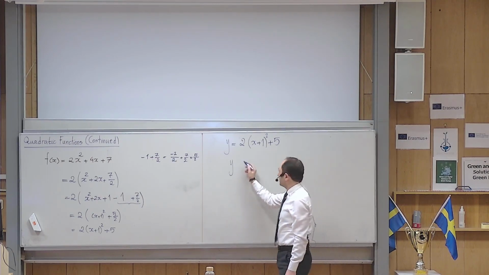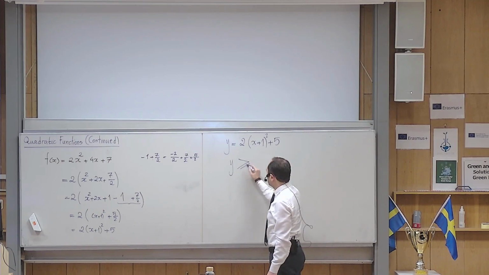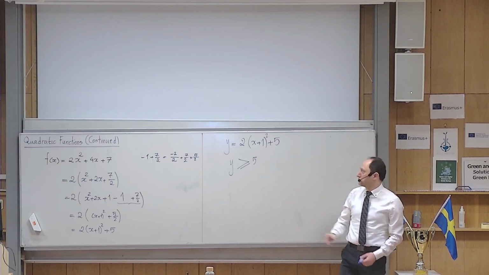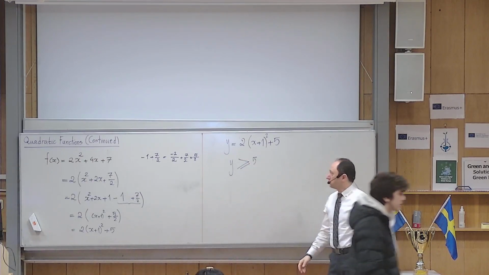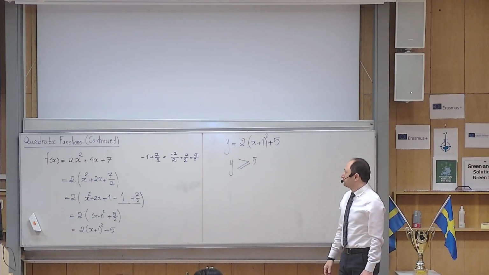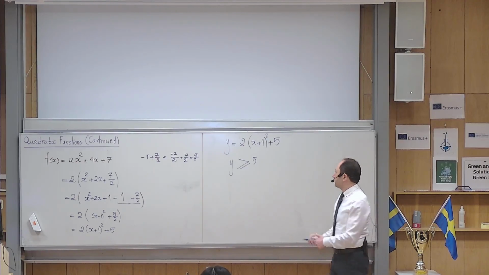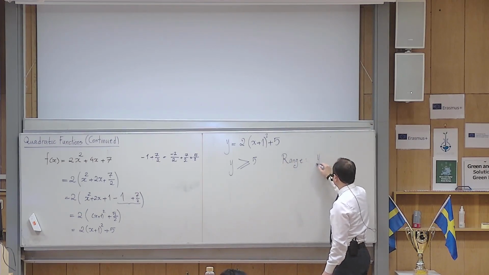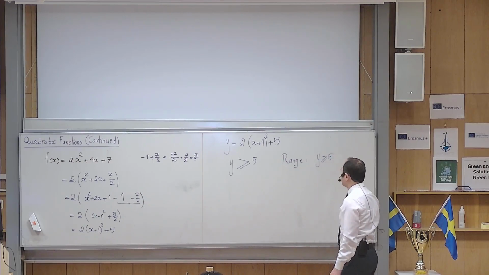So y is greater than or equal to 5. So this 2 here doesn't change anything there. Okay, so if I ask you what the range is, y greater than or equal to 5.